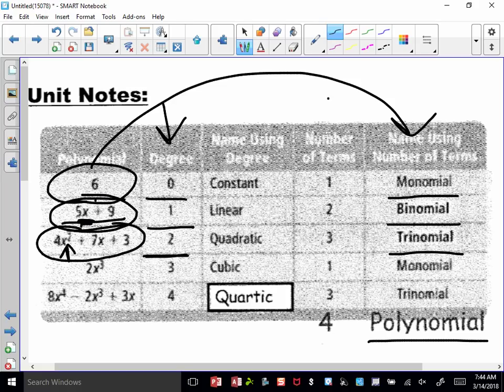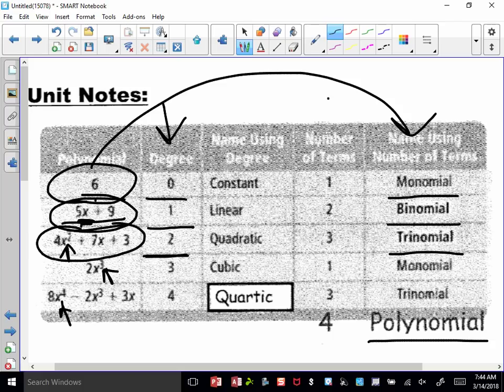So you don't add the exponents together. So you don't say it's x to the second and x to the first. You just choose the higher or the highest out of the terms. Here you see the degree is 3 because that is the highest exponent for that particular variable. And here you see the degree is 4.